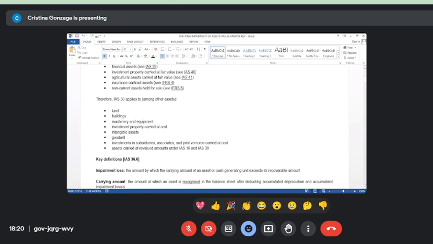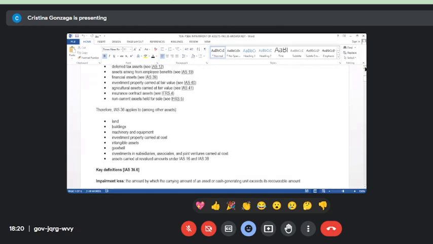Now you may ask, inventories, financial assets, and assets that we construct, let's say a construction company constructs, why are they not included in PAS 36 although they are also subject to impairment?